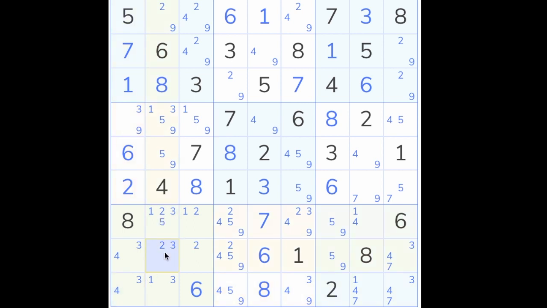So 5 is in these squares here, I believe. 6 we have. 7 is now a pair. Okay, 7 blocks across here, down here, down here. So 7 is limited to these 2 squares here. 8 we have, and 9 we can't tell anything about, so 9 can go anywhere it wants.